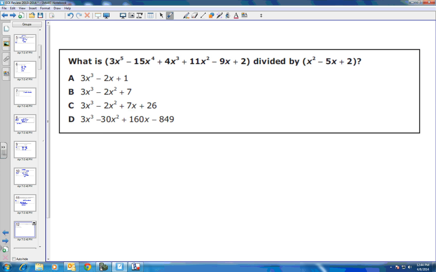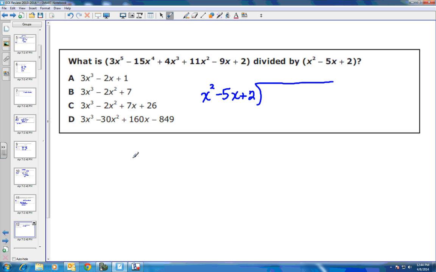Okay, look at this problem and tell me, can I use synthetic division on this? I cannot, because I have 3 terms over here. So we get to do your favorite, long division. It's just dividing.